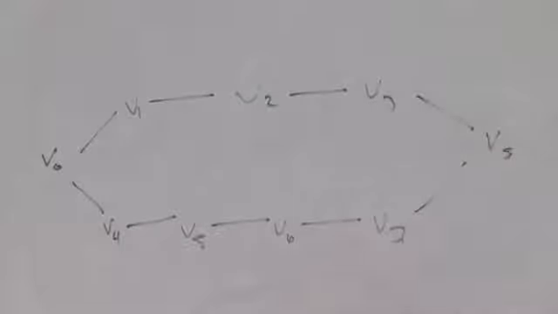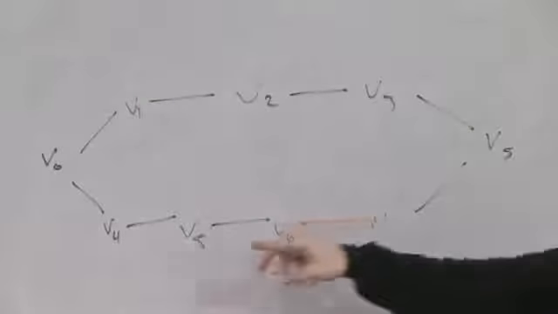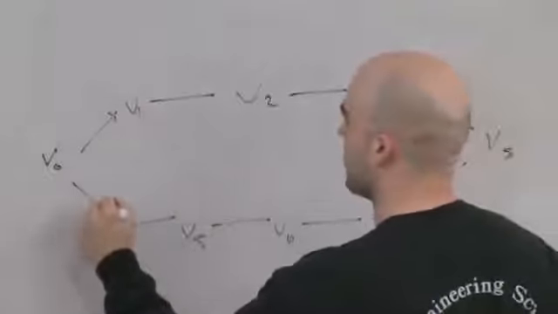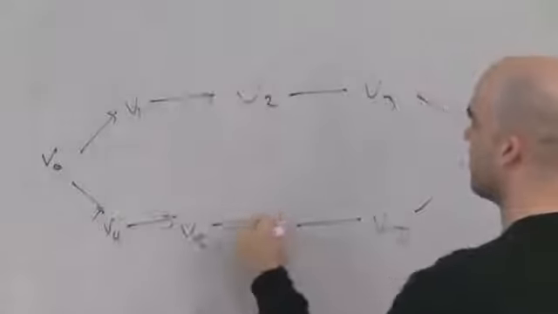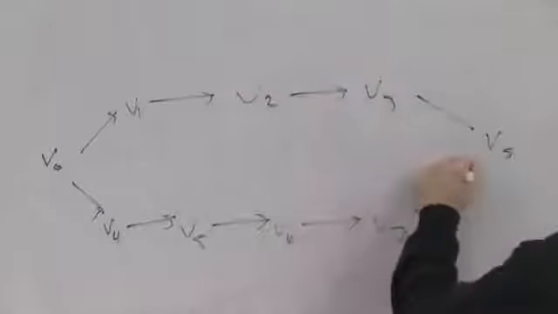So I'm starting at V0 and I want to get to V8. Let's call this a directed graph, so it can only go one direction. It also doesn't have any cycles, so that makes it a little easier.